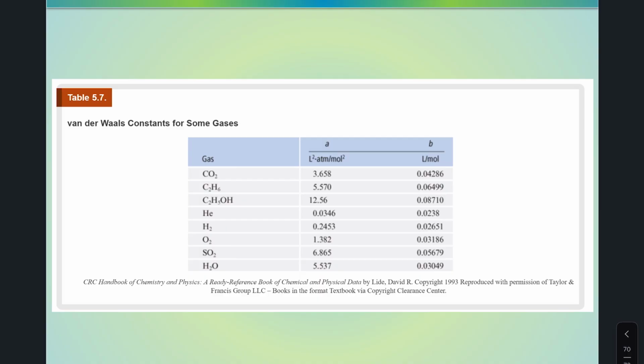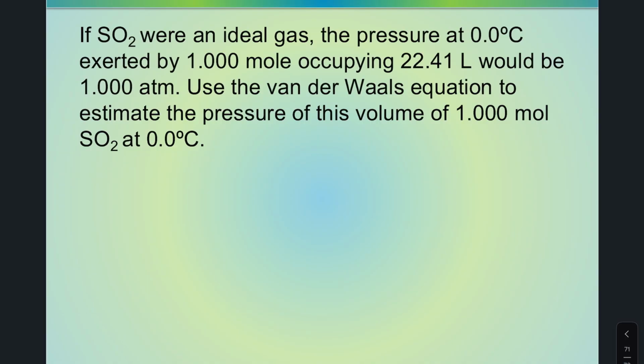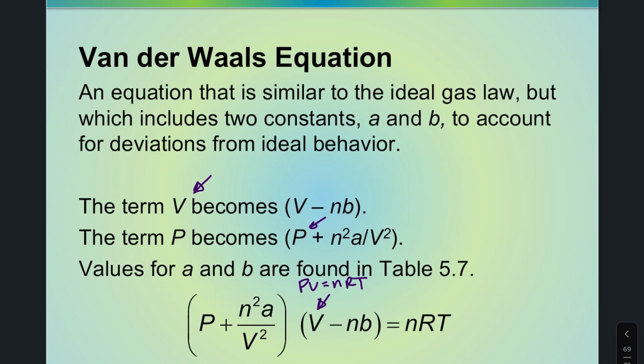Table 5.7 is going to have different values for A and B that you are going to be able to see right here. Each of these values is for a specific and common gas. All of these gases are very common, but each gas is going to have its own value for A and B. So if we were to do this, let's take a look at that equation.